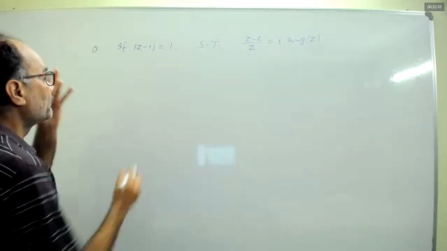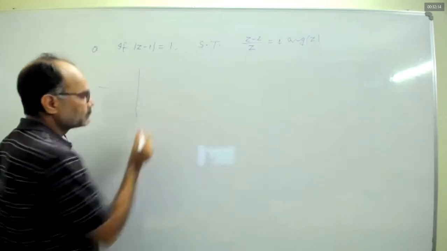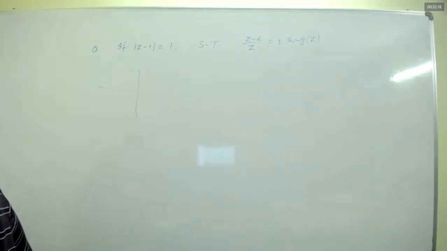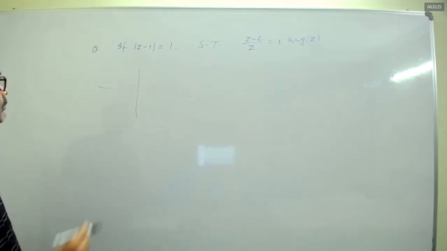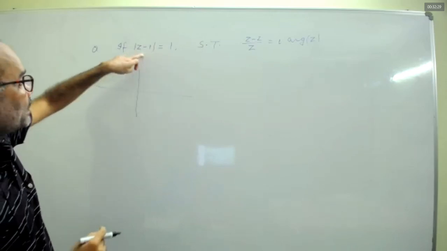Now construct the diagram. Obviously, this circle will pass through the origin.